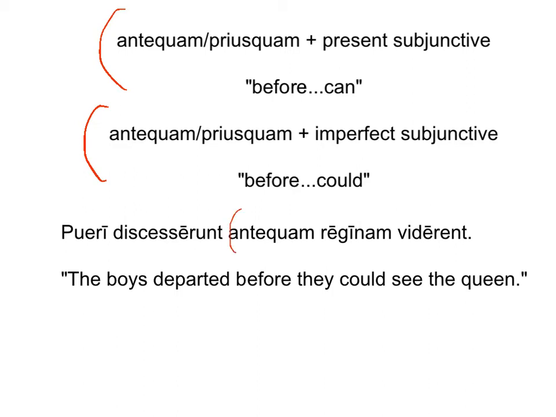Looking at the example sentence, Pueri discesserunt antequam reginam viderent. The boys departed before they could see the queen. There's a note that we will talk about in class, or have already talked about in class, about tmesis with antequam and priusquam. So make sure you talk to me or get some notes from a classmate about that.